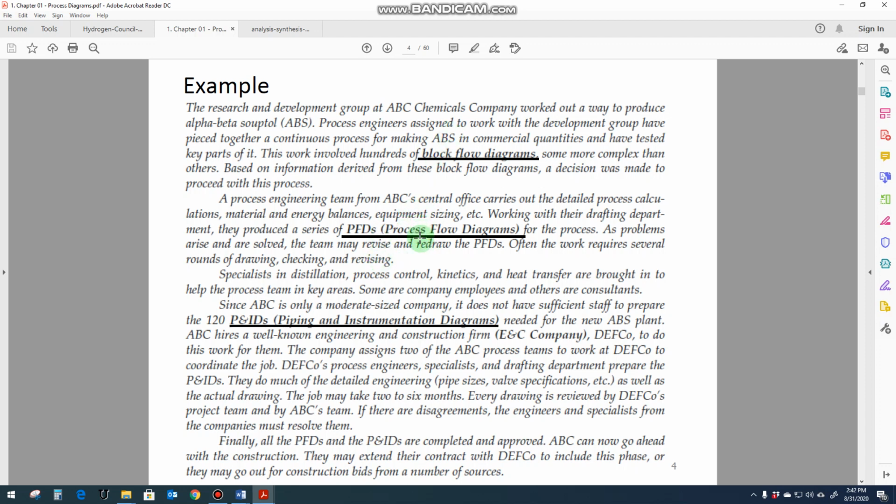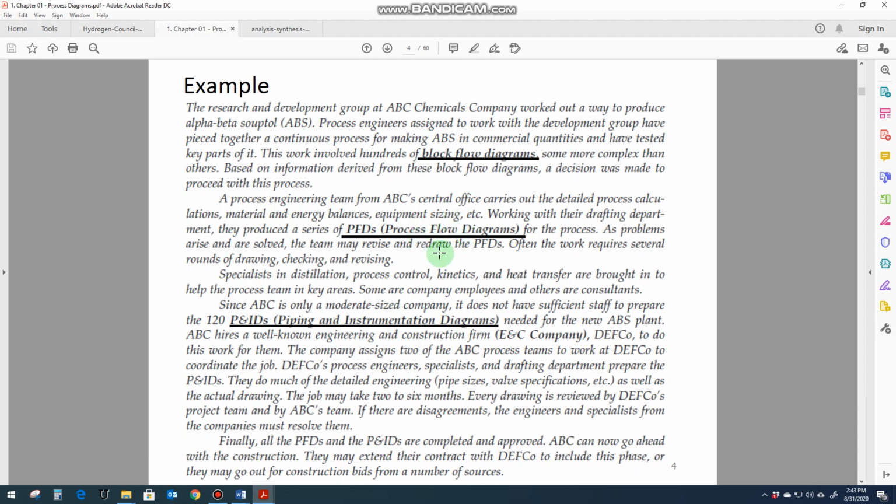Now here you will see the actual shapes of the equipments that are going to be a part of your diagram. Maybe you will see the shapes of the pumps, the compressor, or if there is some combustor, you will see its actual shape. So in the process flow diagrams, the first thing that you will see is the actual shape of those equipments that are a part of the diagram.